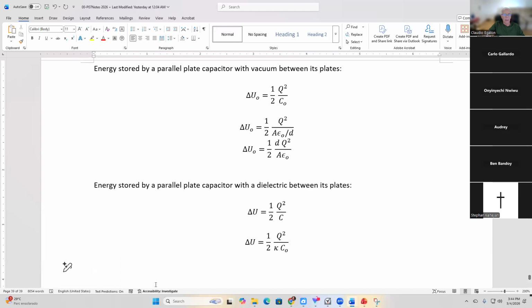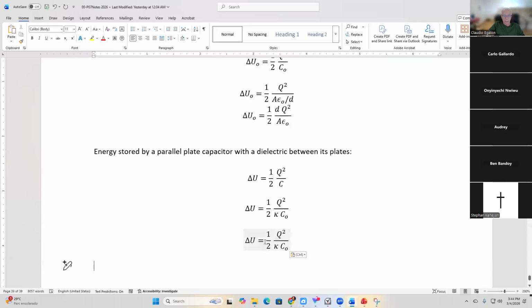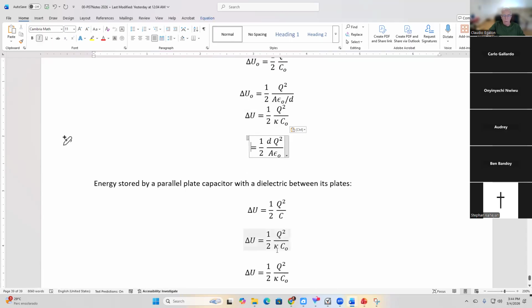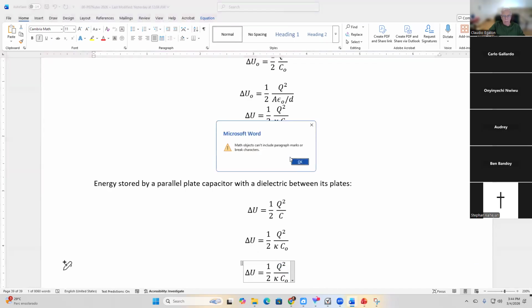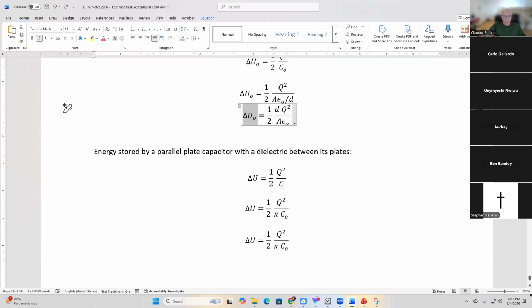And delta U in this specific case is going to be delta U naught. What happened here? Delta U naught. Oh, I see. I erased instead of copying it. Delta U naught divided by kappa.